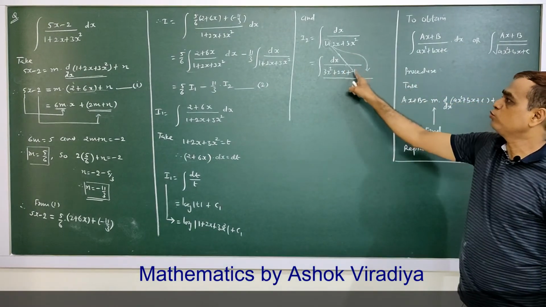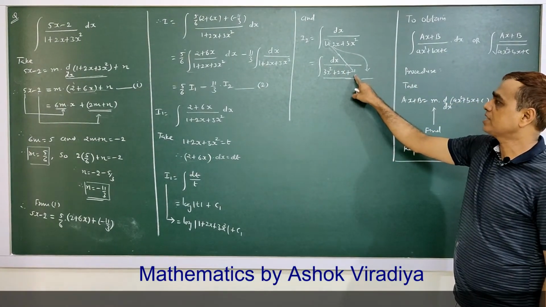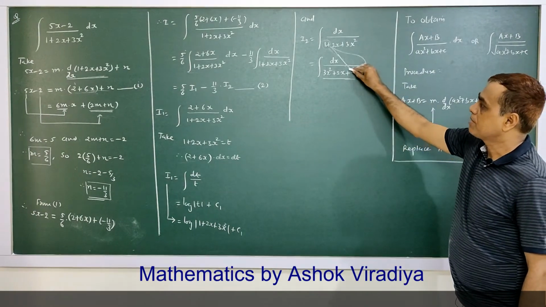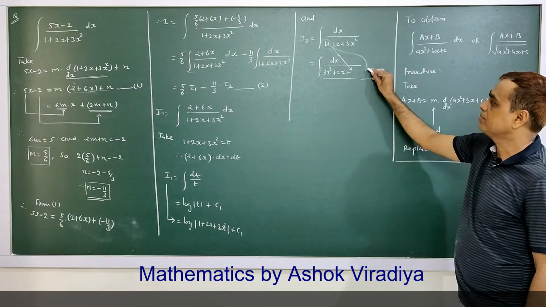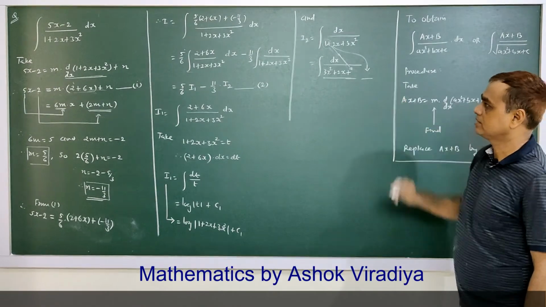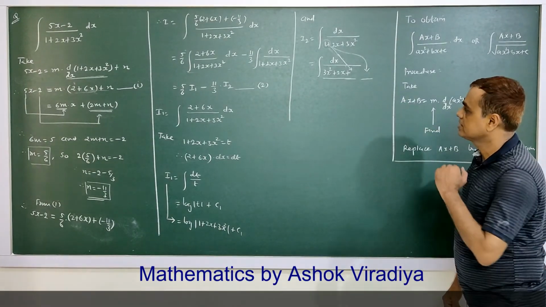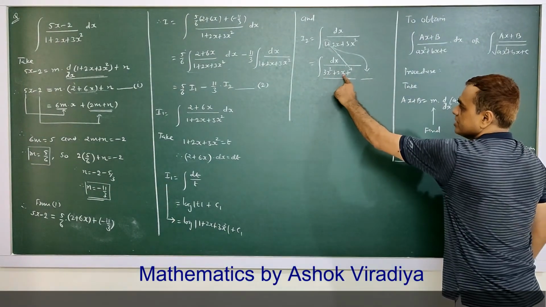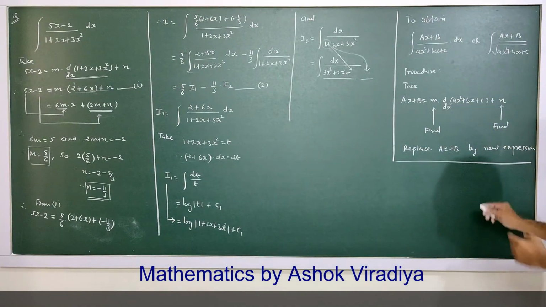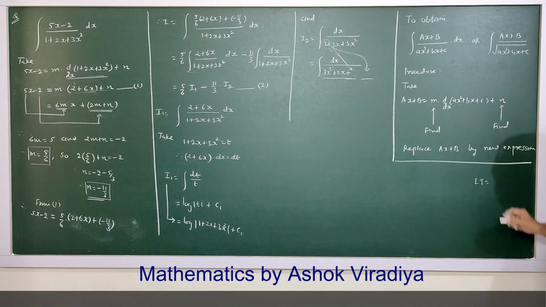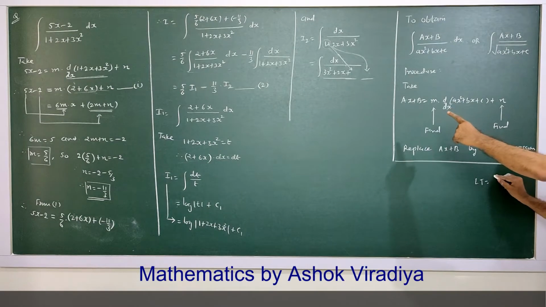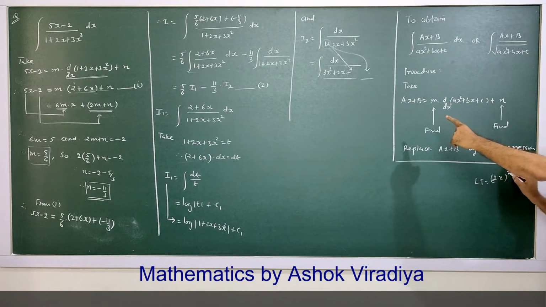Split up 1 in two parts. This will be the last term of the perfect square polynomial, this will be the remaining number. So see, this is first term, this is middle term. So last term is middle term square upon 4 into first term.